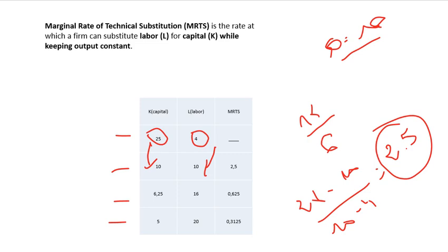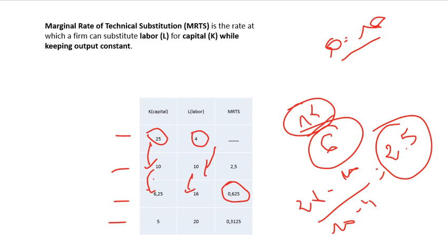Or we can say it in another way. The firm is willing to give up 15 units of capital against 6 units of labor. And here, as you can see, the firm is willing to give up 3.75 of capital to get 6 more units of labor. Here the MRTS is less, so it is decreasing, and decreasing again here.